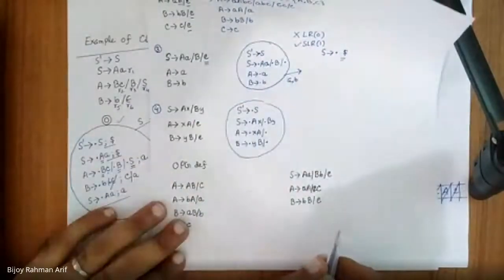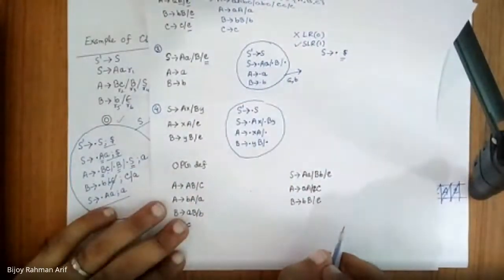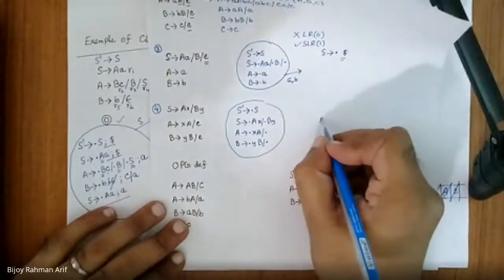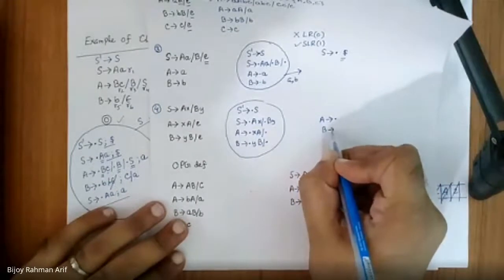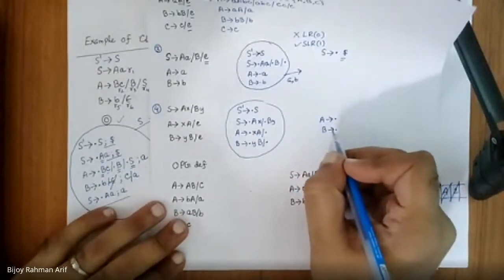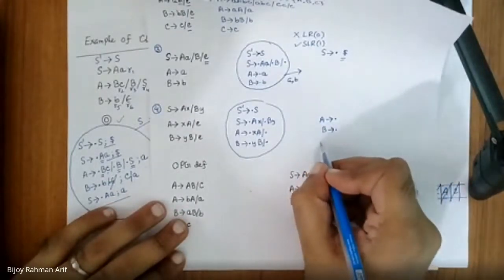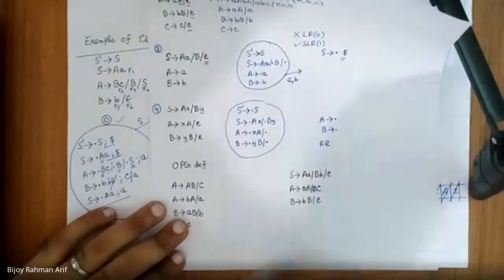So this is the closure. Definitely there is A derives dot and B derives dot. So these are both final items. So that is of course an RR conflict. Definitely there is an RR conflict.